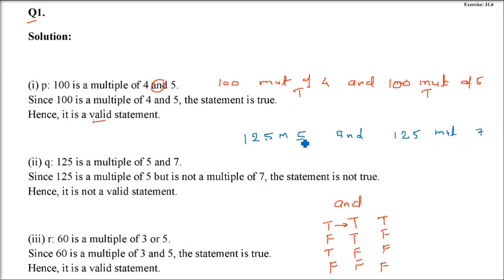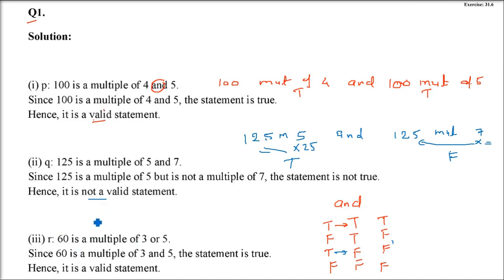Now if you see here, 125 is a multiple of 5, since 5 into 25 is 125. But 7 into something is not going to be 125, it doesn't divide it. So this is true, this is false, and they are joined by AND. T and F will give you F. So you'll get a false here. So this is an invalid statement, or not a valid statement.